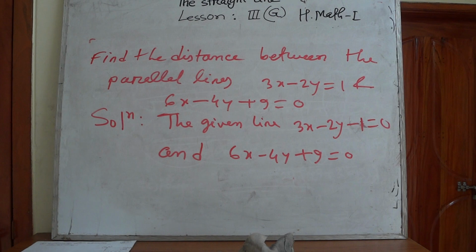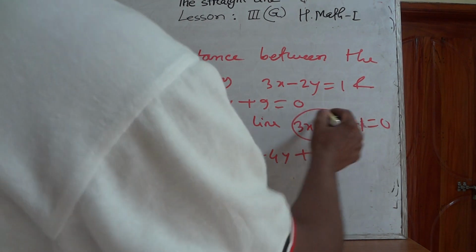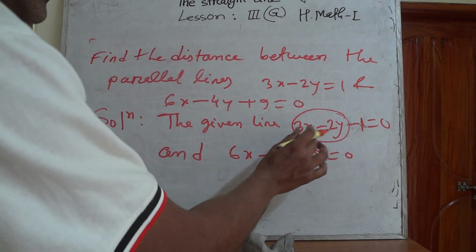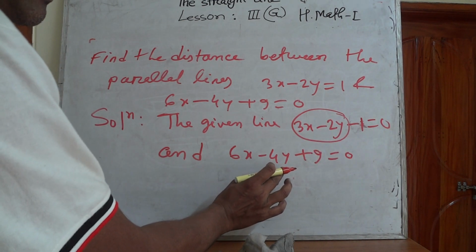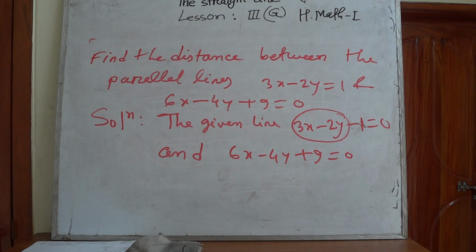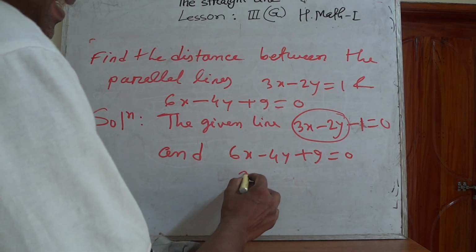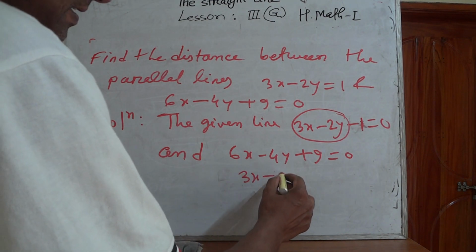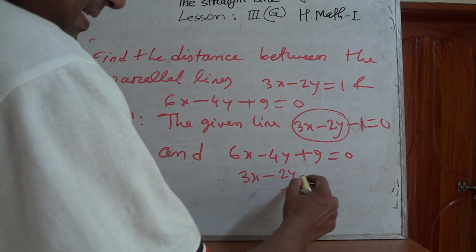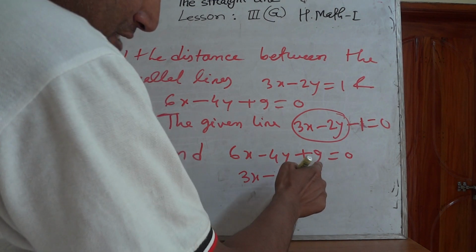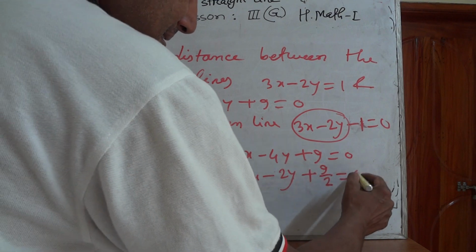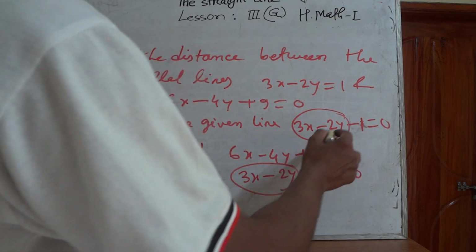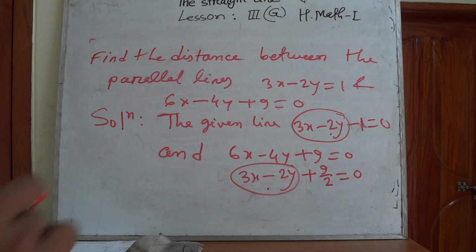I have already discussed that this part and this part will be the same, but here is 3x minus 2y, and here is 6x minus 4y. But if we take common 2, we will get 3x minus 2y plus 9 by 2 equal to 0. Now this part and this part are the same.